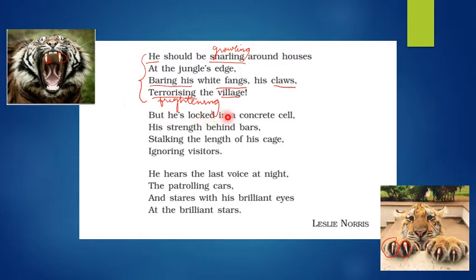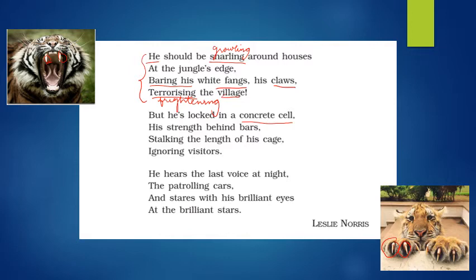But he is locked in a concrete cell, its strength behind bars, stalking the length of his cage, ignoring visitors. The tiger is locked in a concrete cell. The concrete cell means the cage. Its strength behind bars.